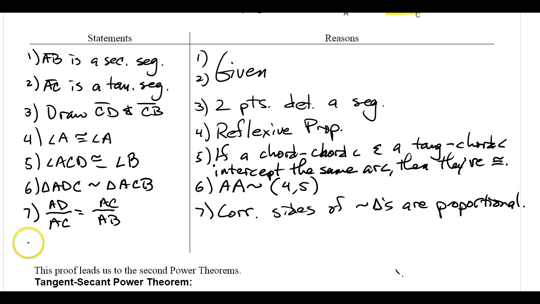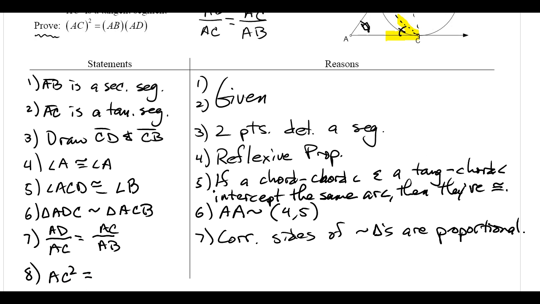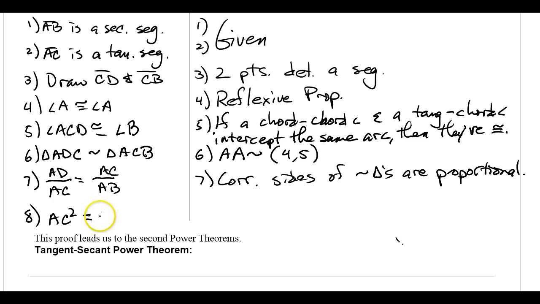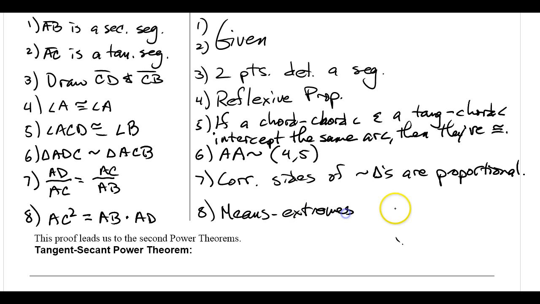And then once we have that, again, we can cross multiply so that I get AC squared is equal to AB times AD, and this is again our means extremes products theorem. Okay, so again, we've proved the next theorem.